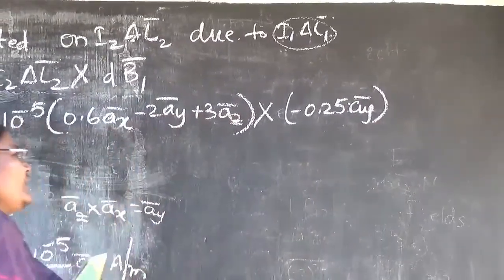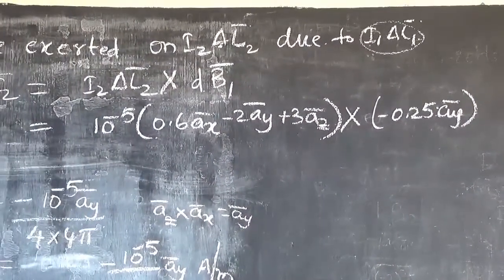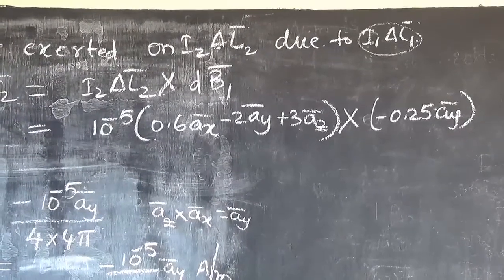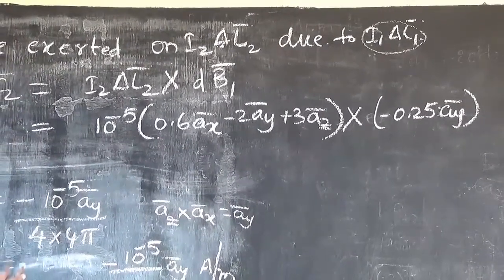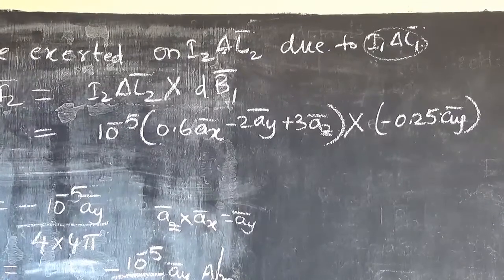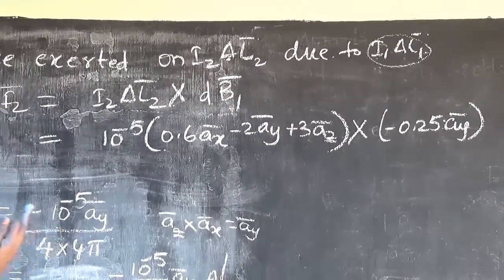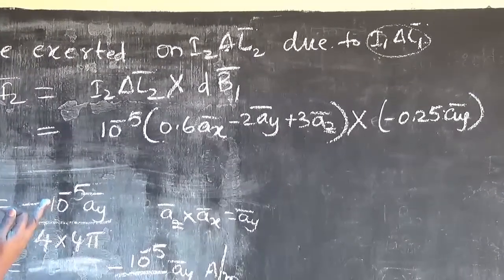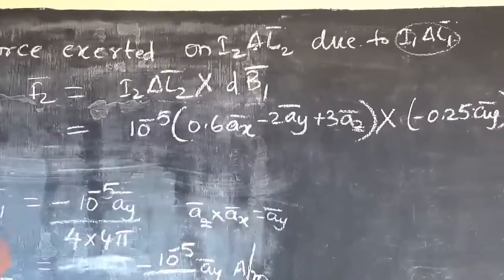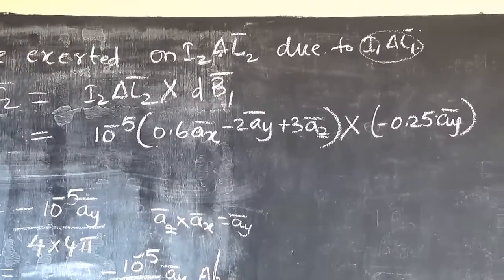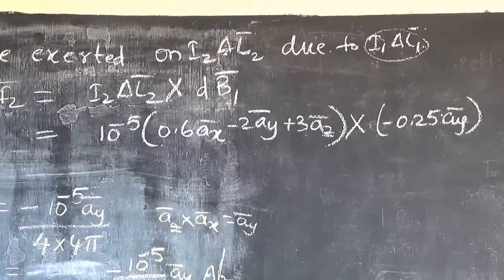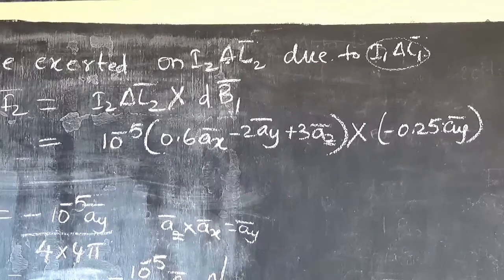So there is no need of a determinant to find F2 bar, because dB1 bar has only a Y component, so we can straightly multiply this. So we will see how to multiply this.